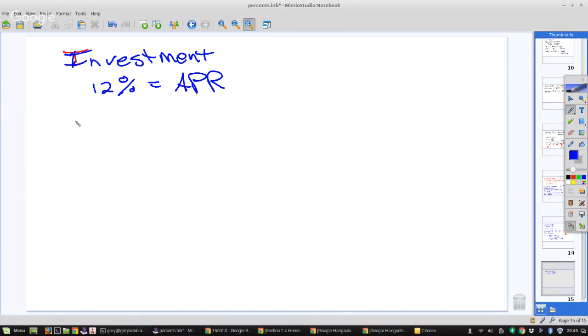So what will happen is the table here, time versus money. So initially, let's say you throw in $1,000.